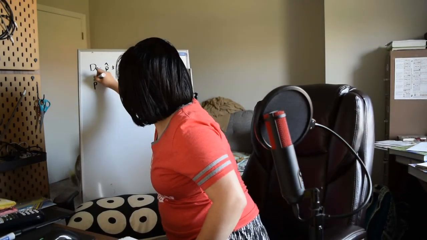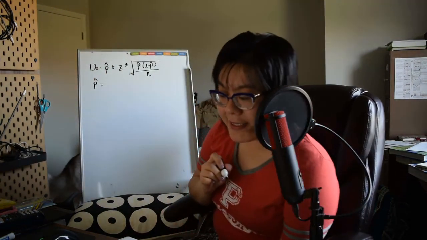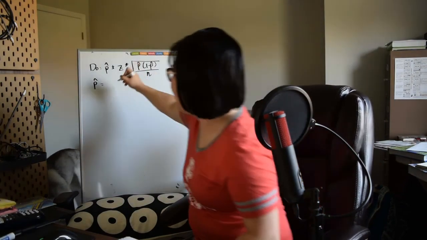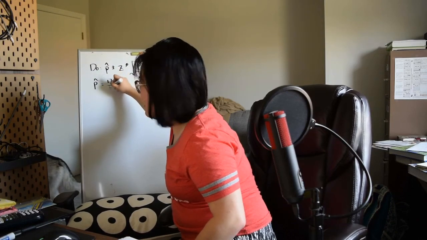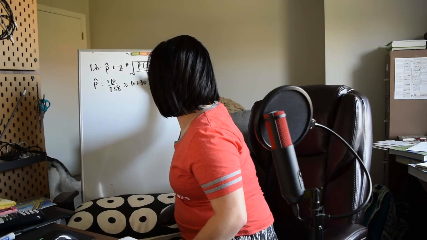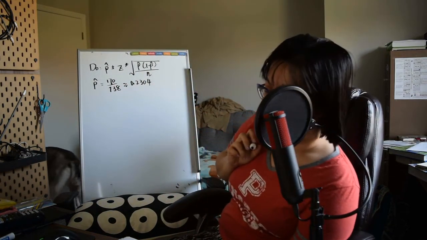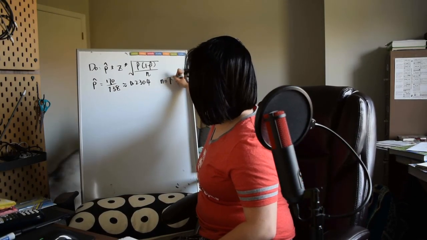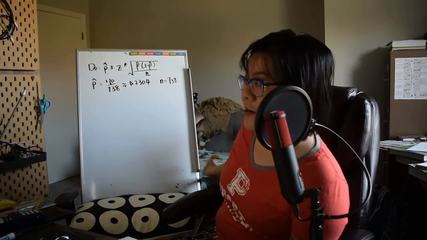The sample proportion p-hat, we already got it. I just erased that, let me write it again: 170 over 738, approximately 0.2304. This is our sample proportion, and our sample size is 738. We already talked about that.